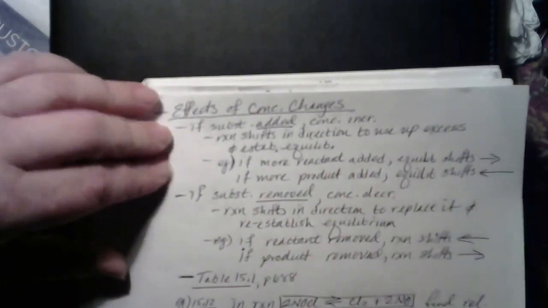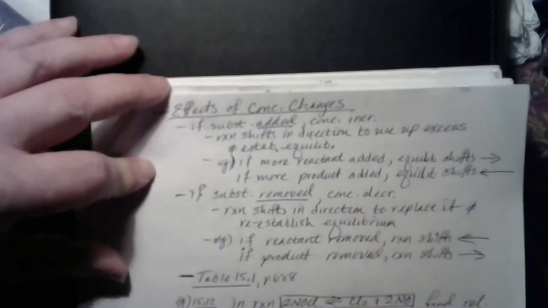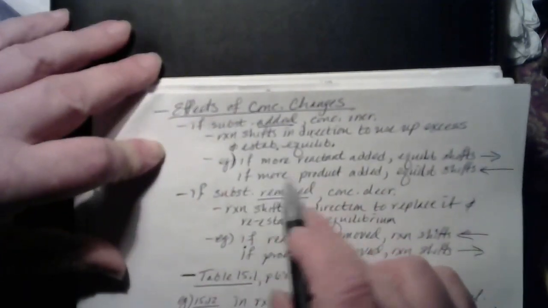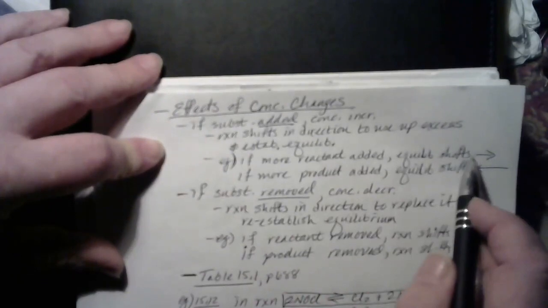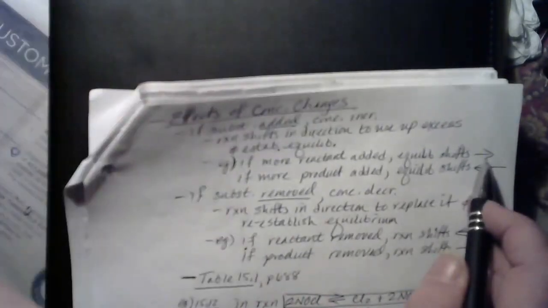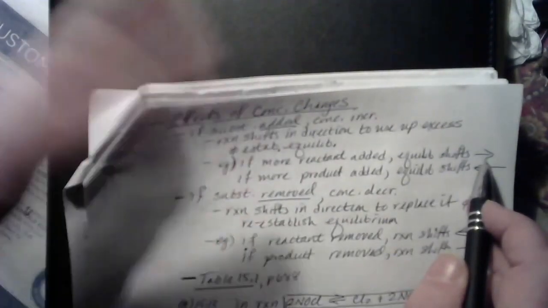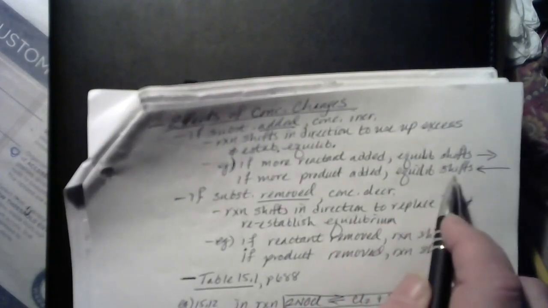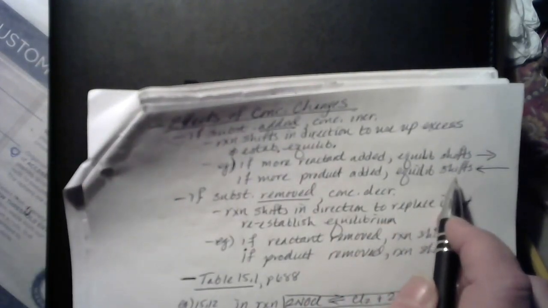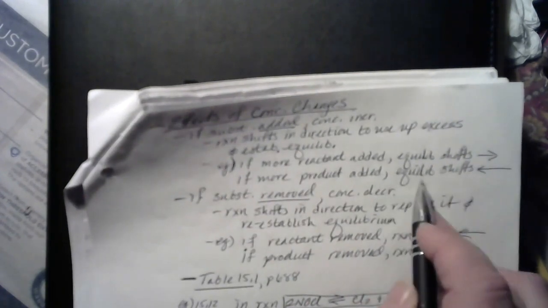So you add something, you've got too much of it, and the reaction shifts the other way to get rid of it. If more reactant is added, the equilibrium shifts towards products in order to reduce the added reactant. And if more product is added, the equilibrium will shift backwards towards reactants in order to use up the excess product.